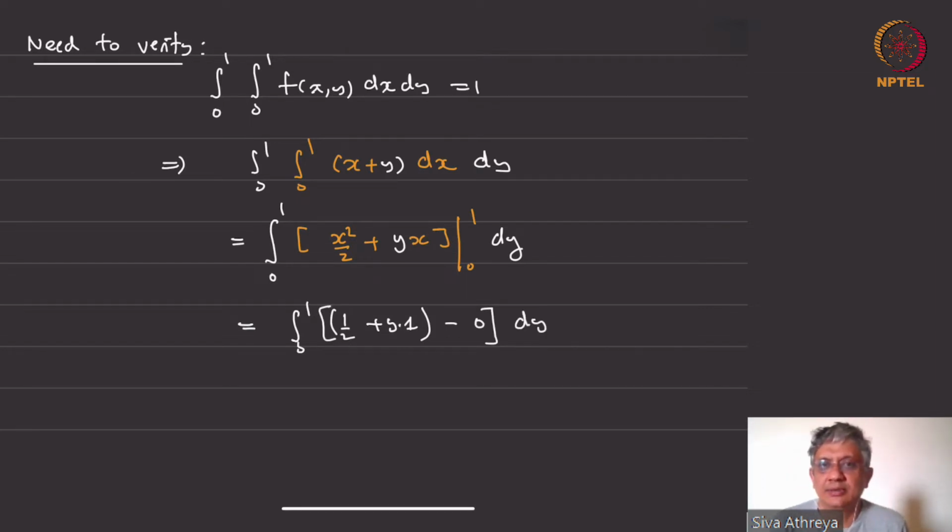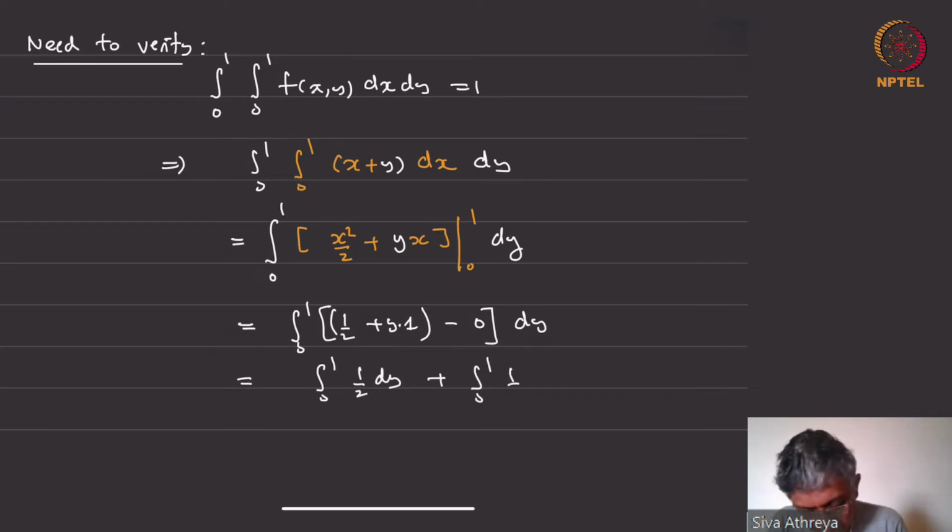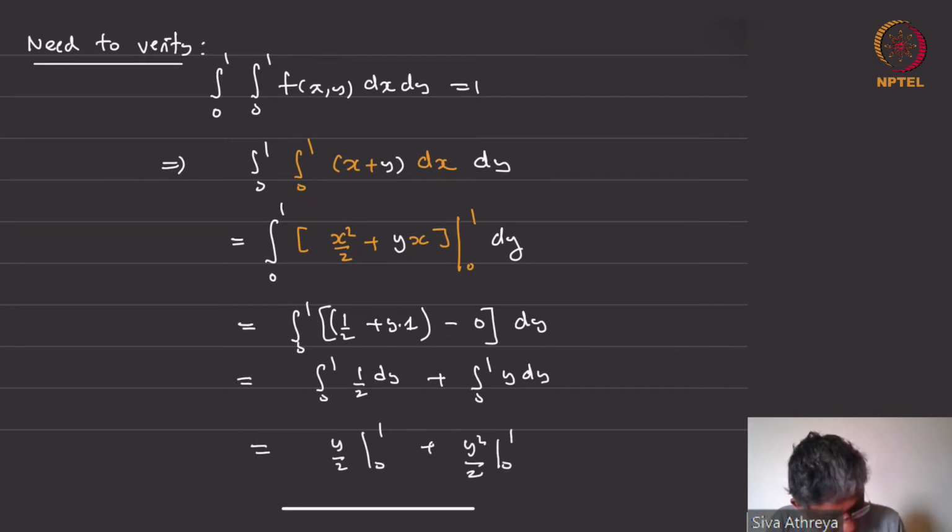The integration is linear, so it's the integral from 0 to 1 of 1/2 dy plus the integral from 0 to 1 of y dy. That equals y by 2 from 0 to 1 plus y squared by 2 from 0 to 1, which is 1/2 plus 1/2, equal to 1.